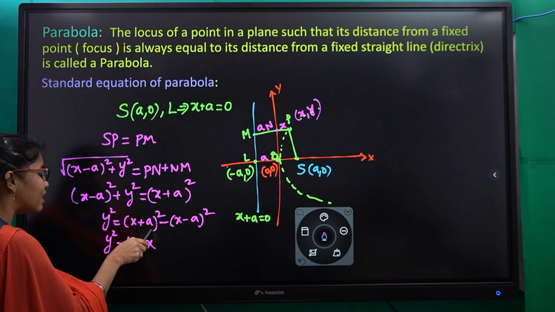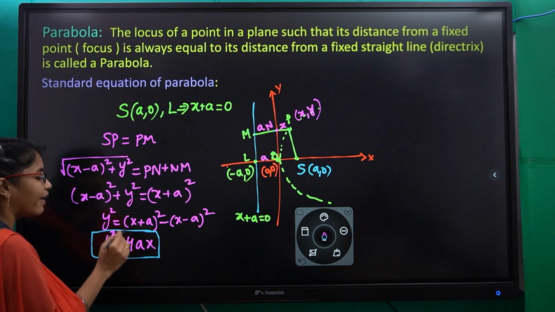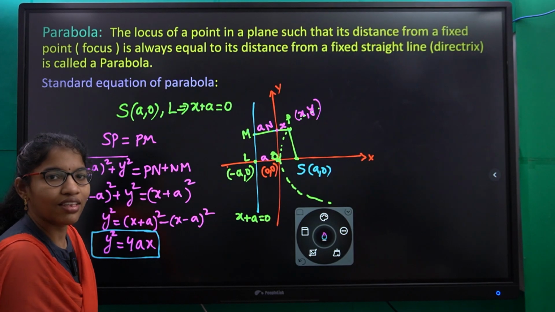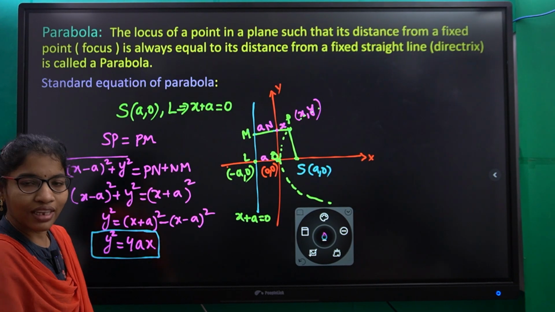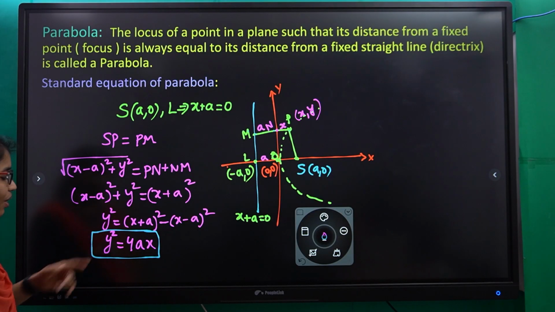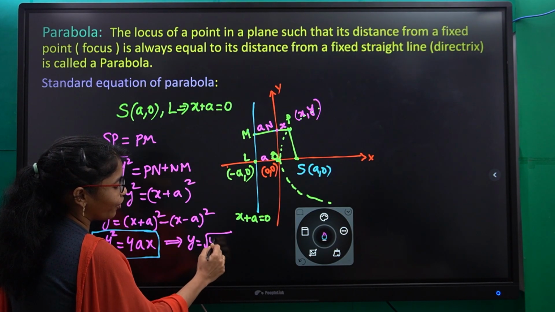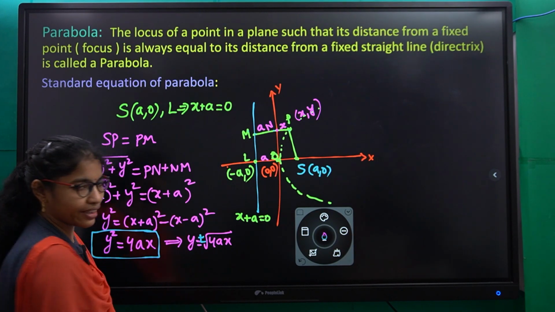So this is the standard equation of the parabola when you are taking the vertex at the origin, the focus on the positive x-axis, and the directrix parallel to the y-axis. Clear? Yes. So from this what can I take? y equals plus or minus square root of 4ax, right?